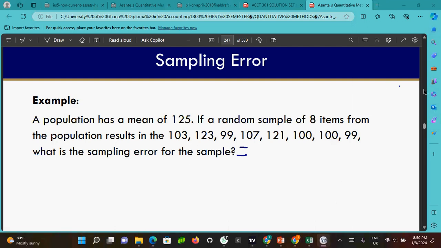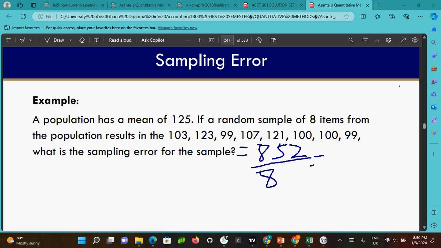I'm getting 852. And it's a sample of 8: 1, 2, 3, 4, 5, 6, 7, 8.